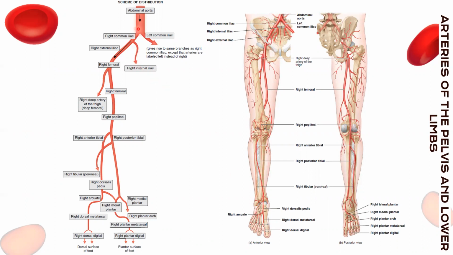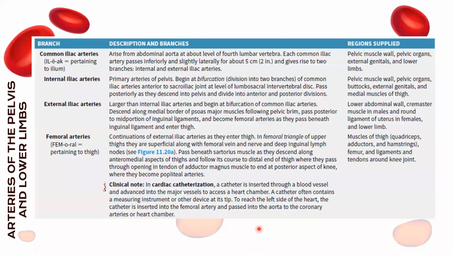So you have the common iliac, external and internal iliac, femoral, popliteal, and then you have your fibular, and then you have different minute arteries of the leg and the foot. So this is the hip joint, the thigh, the knee, the leg, the ankle, and the foot. And the different branches.